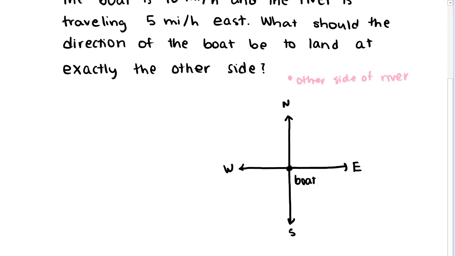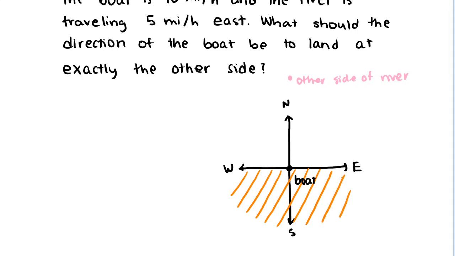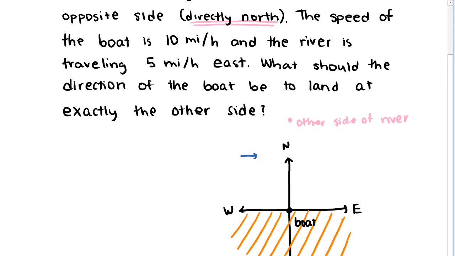Directly north. So here maybe I'll interpret this bottom side as the shore, it's the land, and the river is traveling here, it says 5 miles per hour east. So we've got river in between this person and where they want to end up at, but we know that this river is traveling 5 miles per hour directly east.